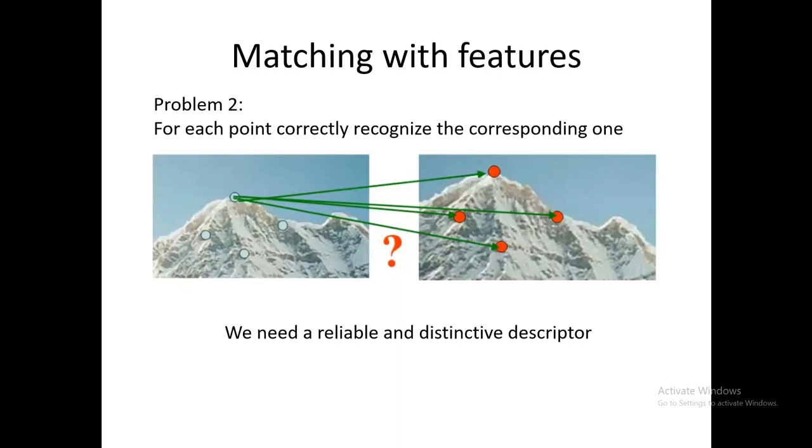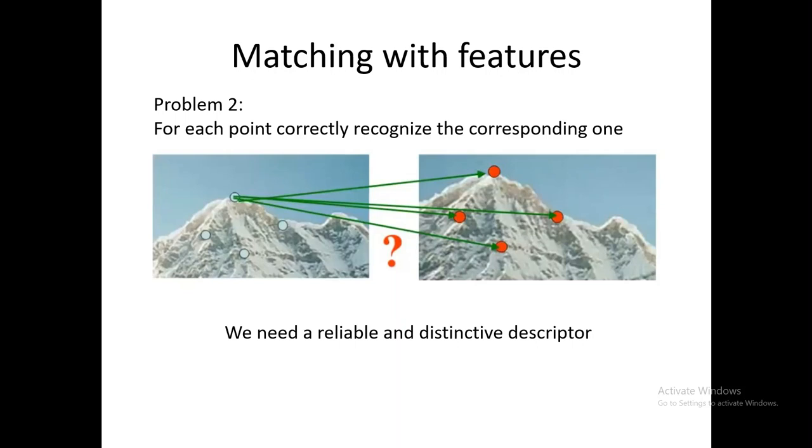The way we do that is by using what is referred to as a descriptor. A descriptor is a description of a point as a feature. To be more precise, what I want is one distinctive descriptor, and the descriptor can't change that much for the same point in two images.